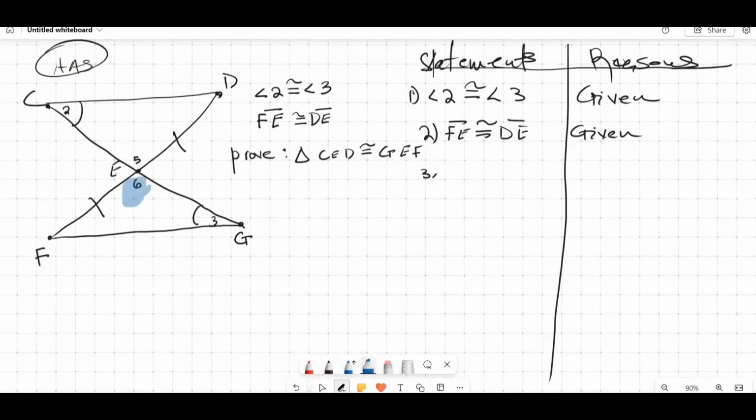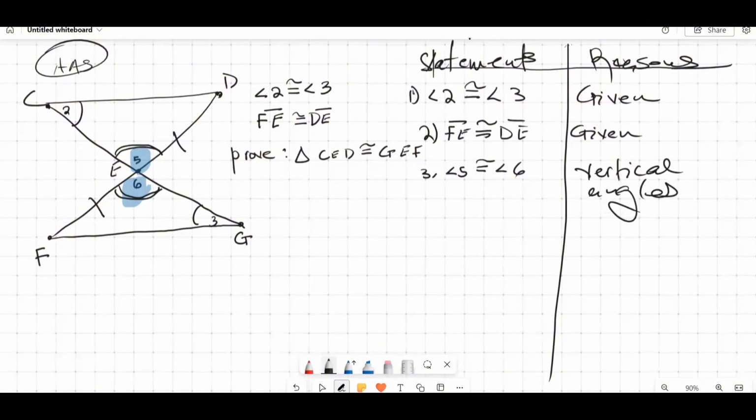So this angle is vertical to that angle. So I'm going to draw on that this angle here is actually congruent to this. So 5 and 6 are congruent. So at this moment, I could say angle 5 is congruent to angle 6. And this would have been vertical angles.